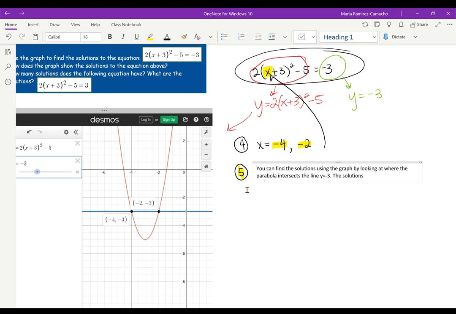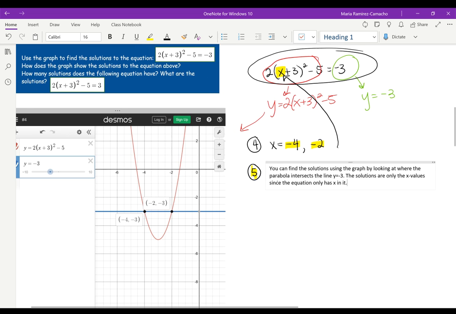The solutions are only the x values, since the equation only has x in it. Okay, so that's it for number 5.